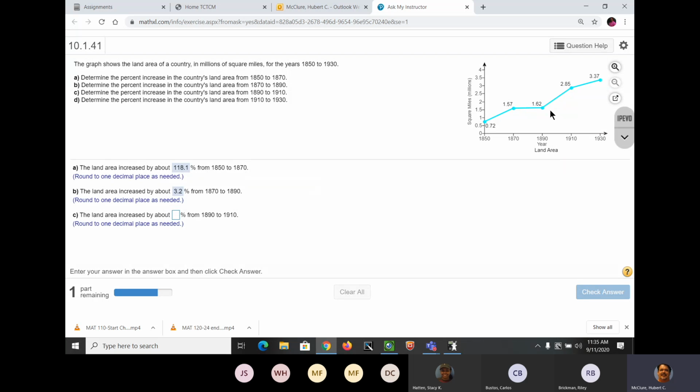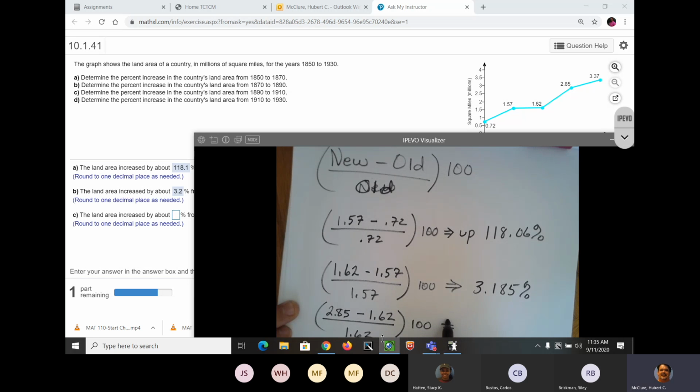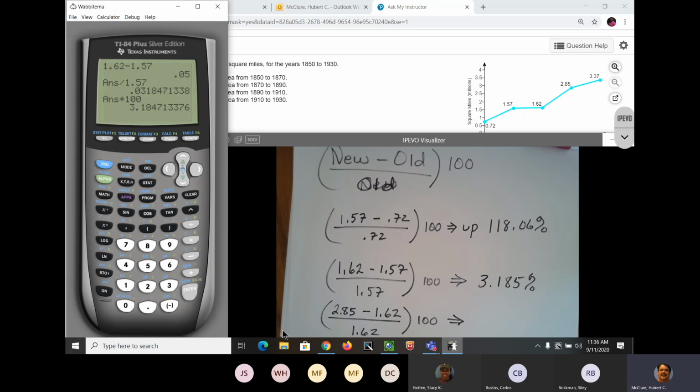1890 to 1910. Well, it looks like it's going up again. So that's going to be 2.85 minus 1.62 over 1.62. 2.85 minus 1.62 divided by 1.62 multiplied by 100. 75.96, and that would be 76%.